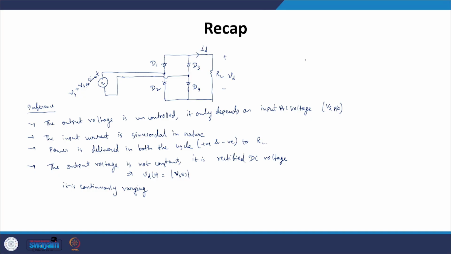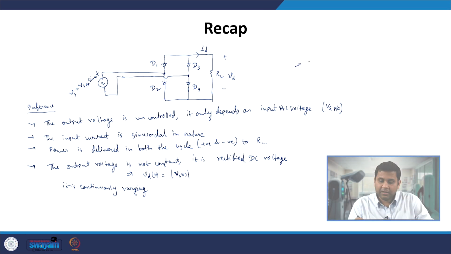Let us discuss in this lecture the diode bridge rectifier with capacitive filter. In the previous lecture we studied the single phase full bridge rectifier, which is also called the full bridge uncontrolled rectifier.